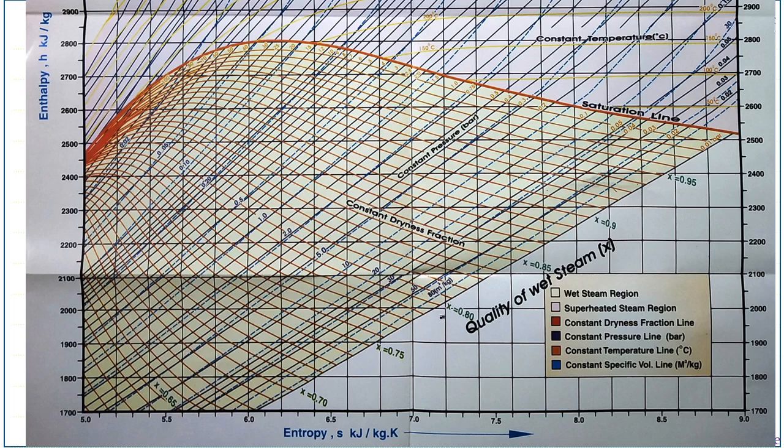this HS diagram or enthalpy versus entropy diagram is known as Mollier chart. It has got a specific name as Mollier chart. What this Mollier chart contains and how to read this Mollier chart is very important. On y-axis enthalpy is given.